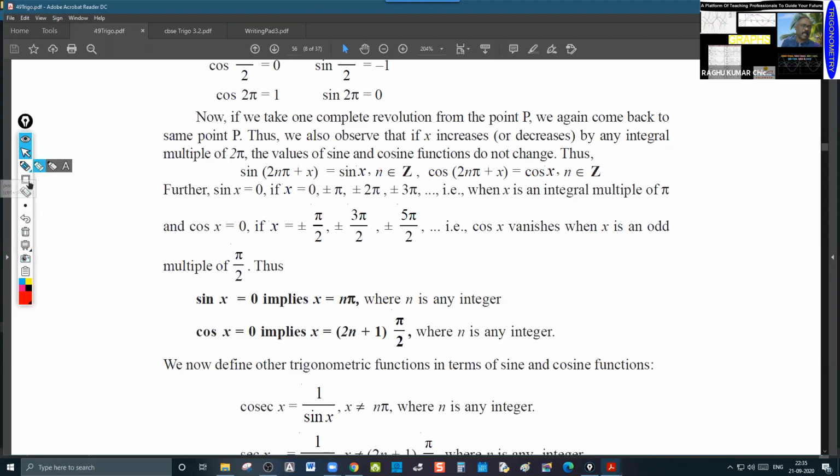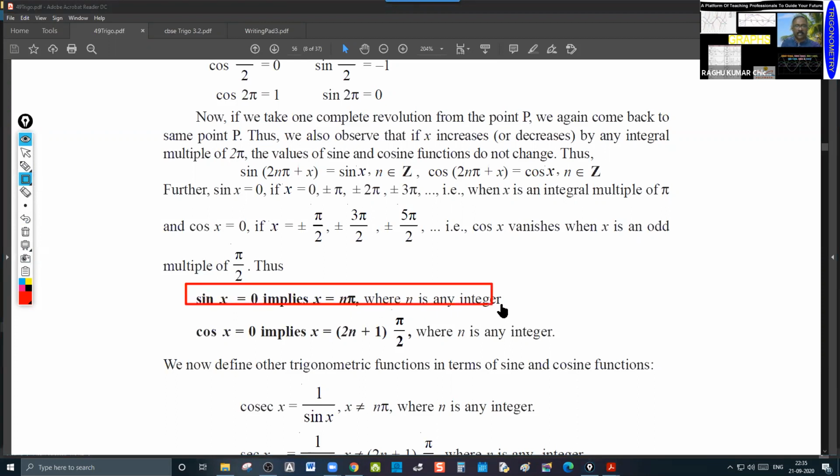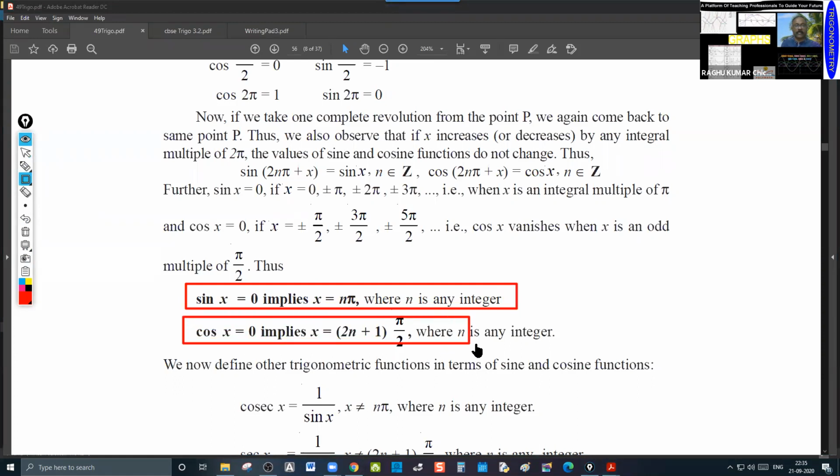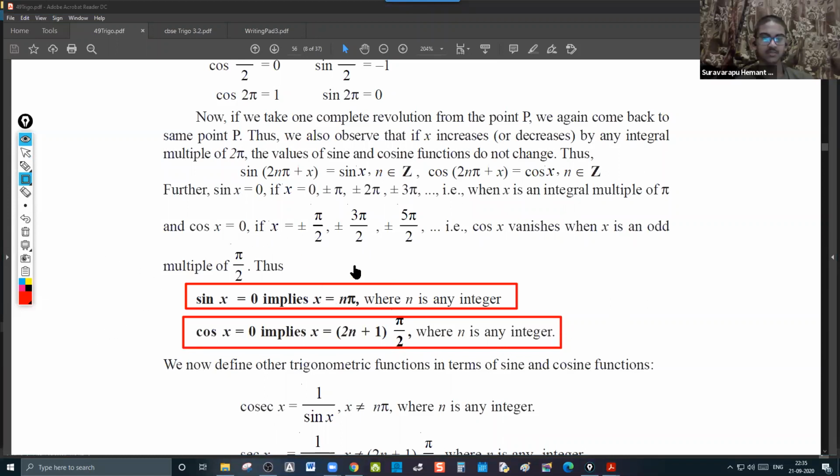This one only I explained. Sin x is equal to 0 implies x is equal to n pi, where n is any integer. Cos x is equal to 0 implies x is equal to (2n plus 1) into pi by 2, where n is an integer. Do you understand this or not? Yes, sir. That's what I explained to you.